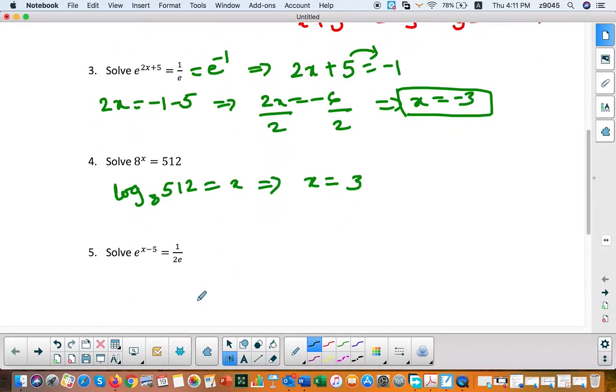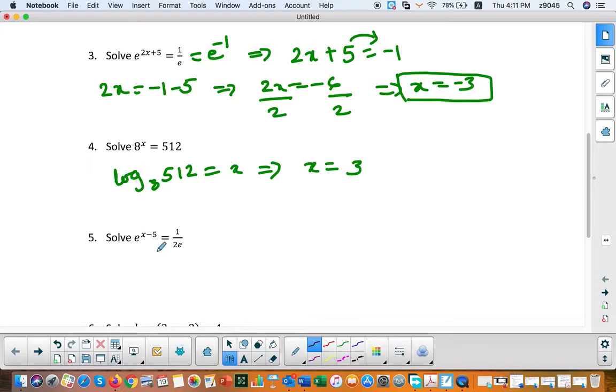Another example on an exponential function: e to the power x minus 5 equals 1 over 2e. I'm going to start by changing the exponential form into ln. Base e, 1 over 2e equals x minus 5.